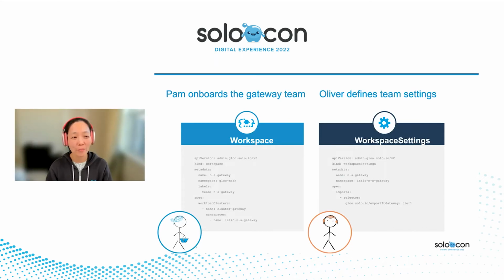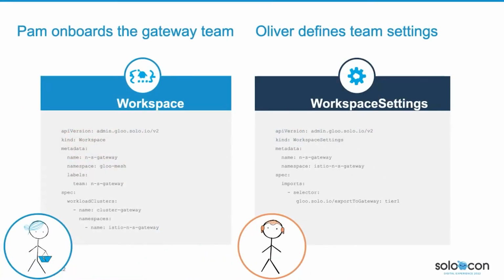In addition, Pam also onboards the Gateway team using the North-South Gateway workspace. This allows Oliver to manage the configuration for a gateway within a partition, just like a team would.